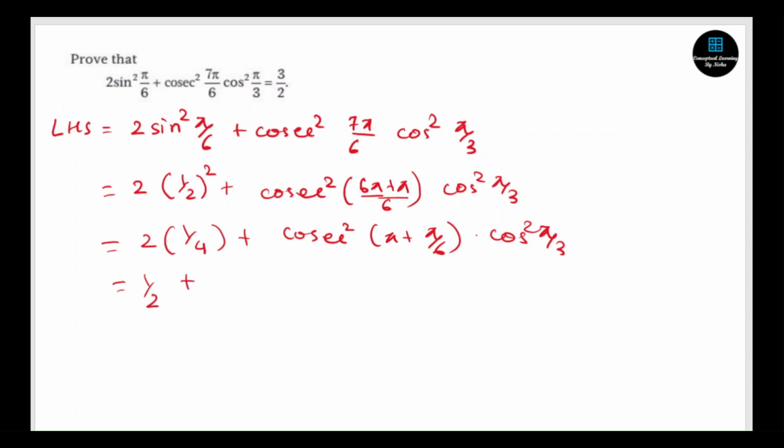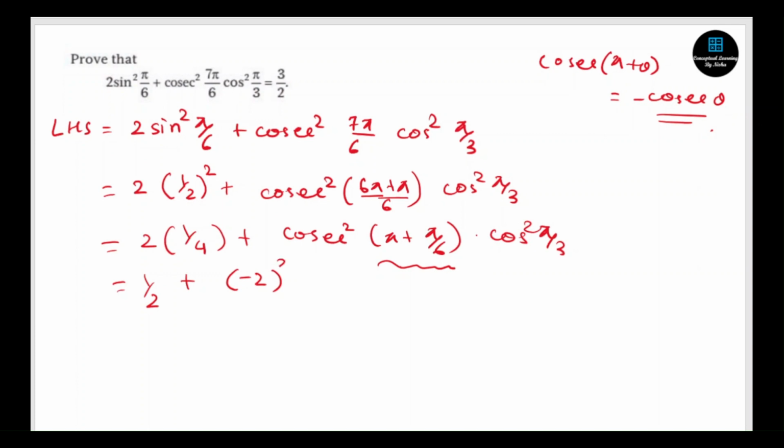Now this is pi plus theta form. So cosec remains cosec. Okay. Now cosec pi by 6. Pi by 6 is again 30 degree. So cosec 30 degree is 2. But this is in the third quadrant. So I have to say this is minus 2. Very, very important. Okay.